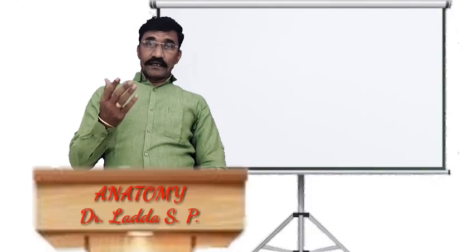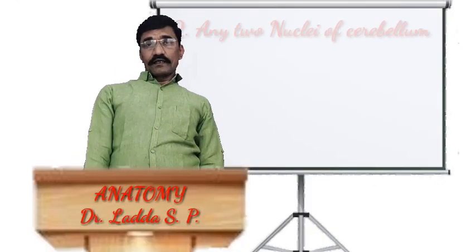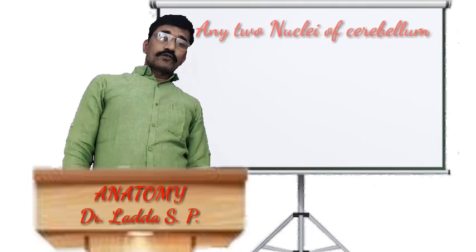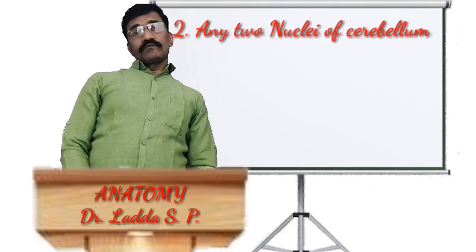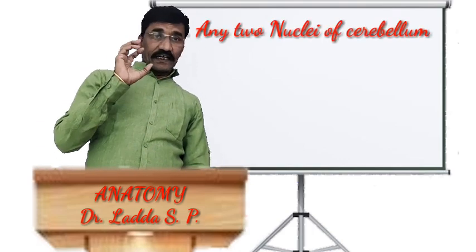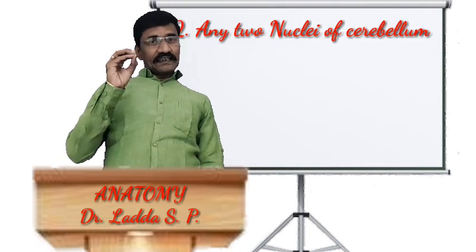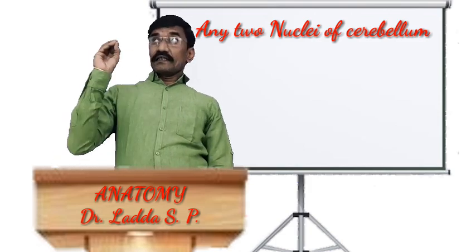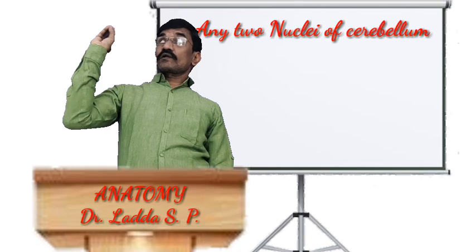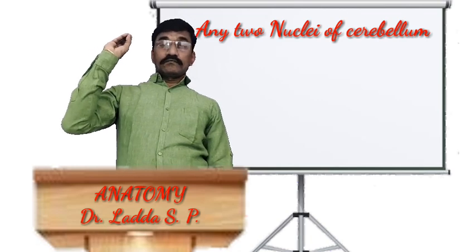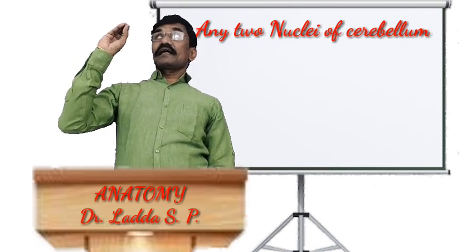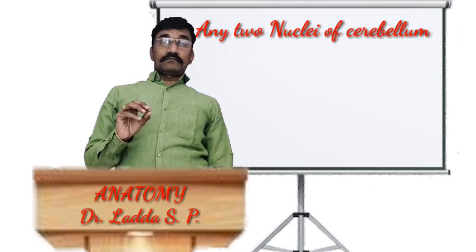Write down the nuclei of cerebellum. So to remember the nuclei of cerebellum, you are supposed to remember a sentence, and that sentence is: suddenly there is some sound from the sky, from the globe, regarding a warning.